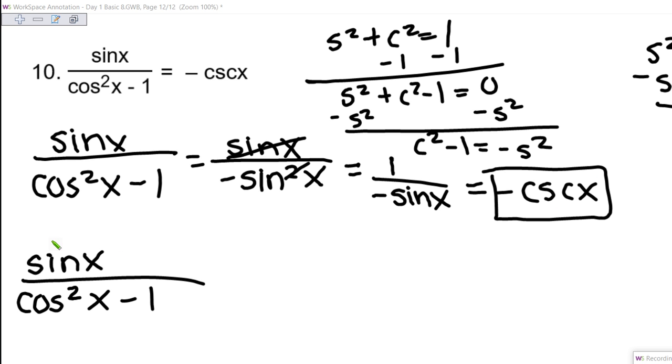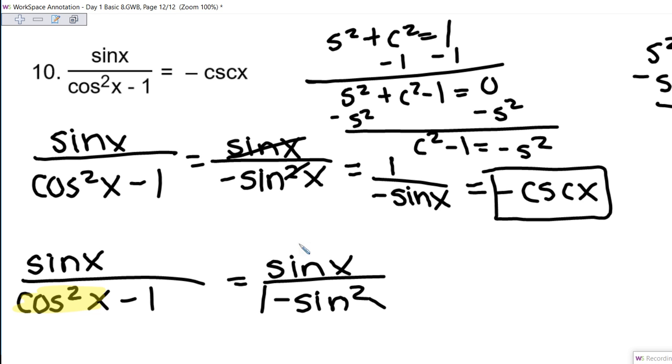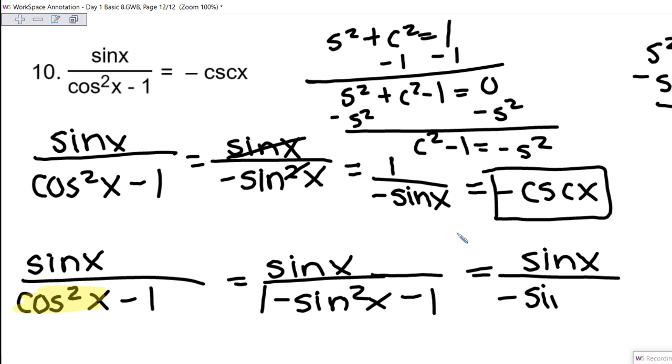So in my second equation, instead of cosine squared, I can replace that with 1 minus sine squared. So this would be sine of x over 1 minus sine squared of x minus 1. Those ones cancel. So this is just sine of x over negative sine squared of x.